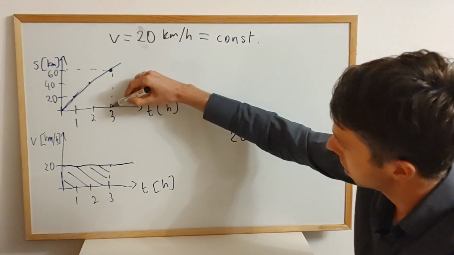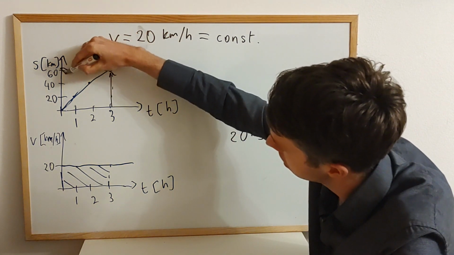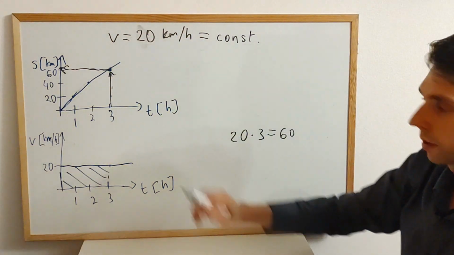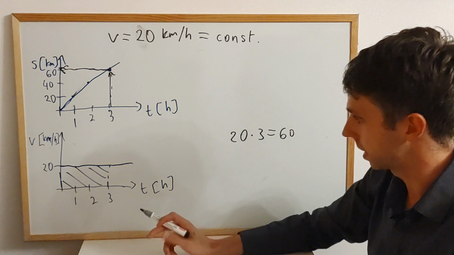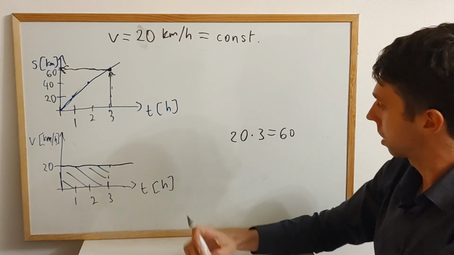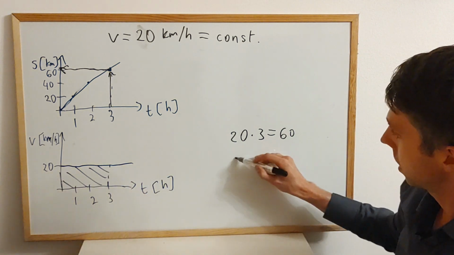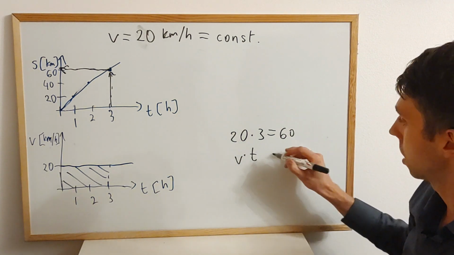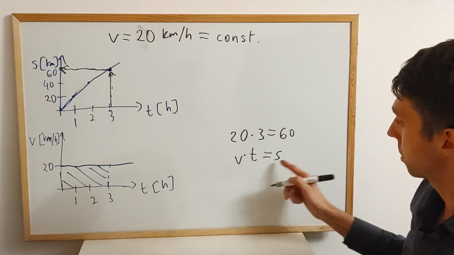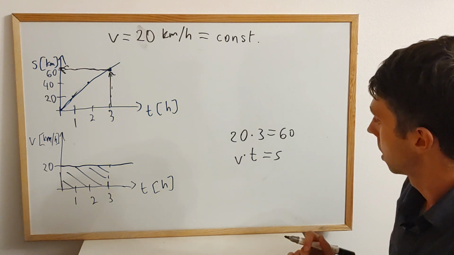And look, this is exactly the distance after 3 hours. And it's not just by chance. This is because here is speed, v, here is time, t. So we know that if we multiply speed by time, we obtain distance.